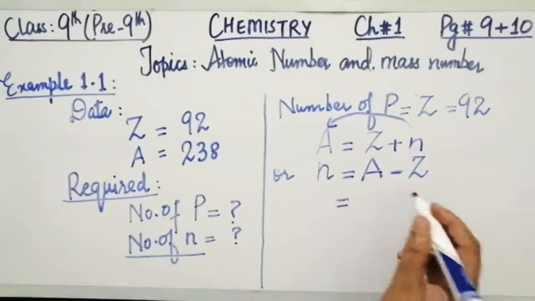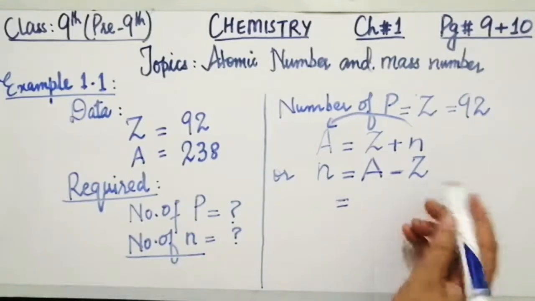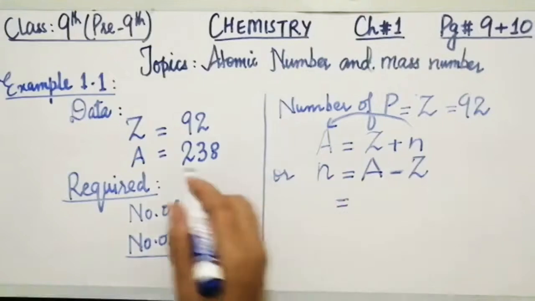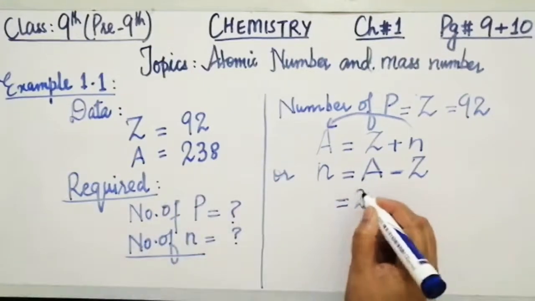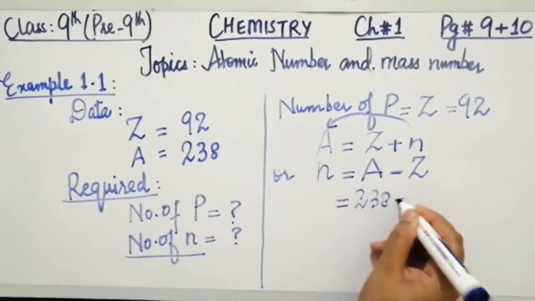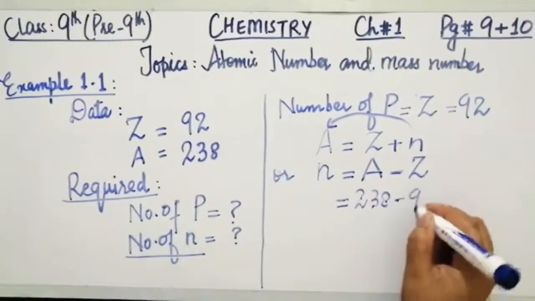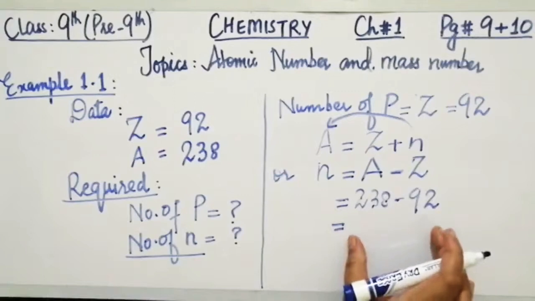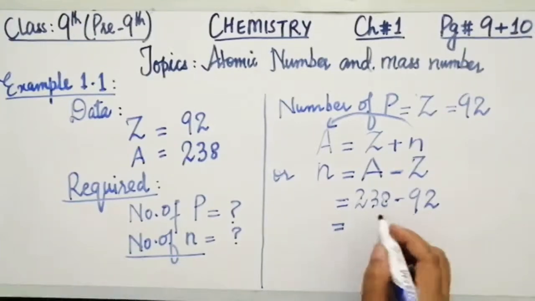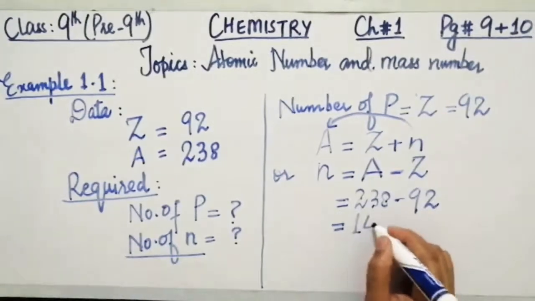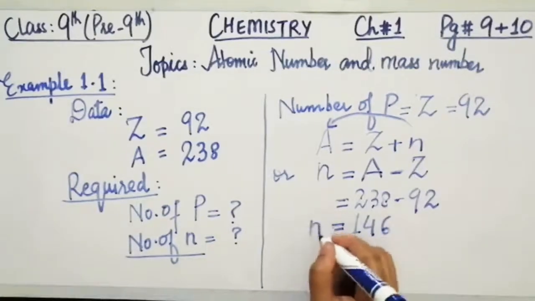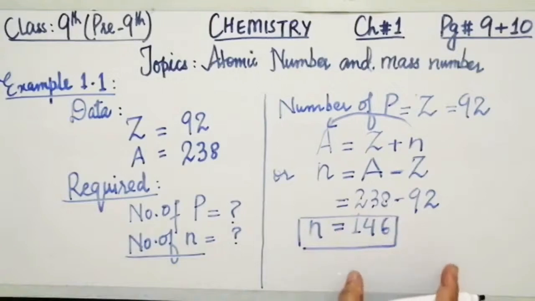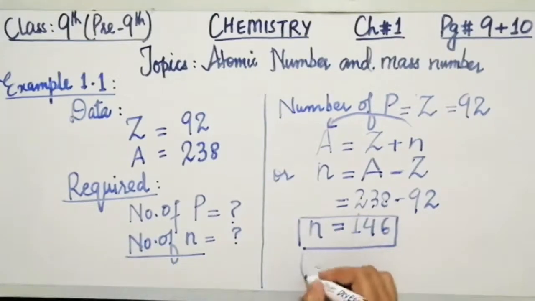Now by putting the values of A and Z, you will easily calculate the number of neutrons. A is 238, while the value of Z is equal to 92. You have to subtract 92 from 238, and finally you will get 146, which is the number of neutrons in the atom which is given to you, and it is uranium.